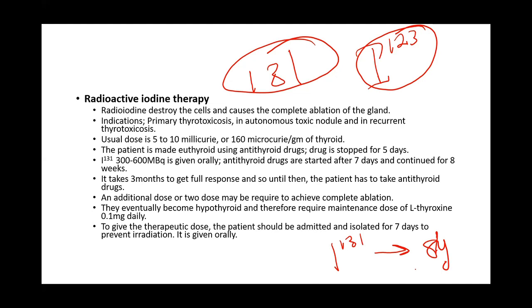You don't go straight ahead to commence radioactive iodine treatment in patients with thyrotoxicosis until you use antithyroid drugs to render them euthyroid. Then you commence the treatment. Radioactive iodine destroys the cells and causes complete ablation of the gland. The indications include primary thyrotoxicosis, an autonomous toxic nodule, and recurrent thyrotoxicosis.